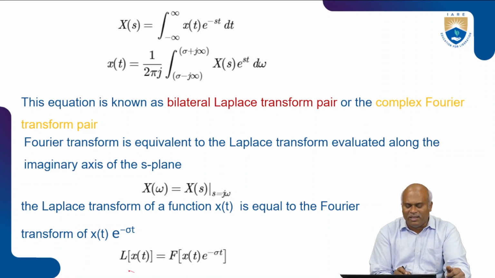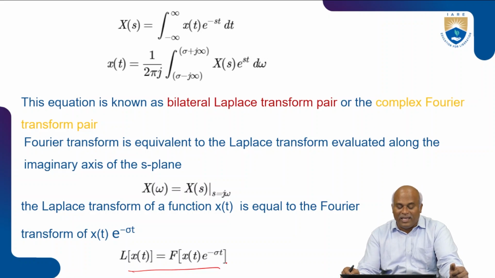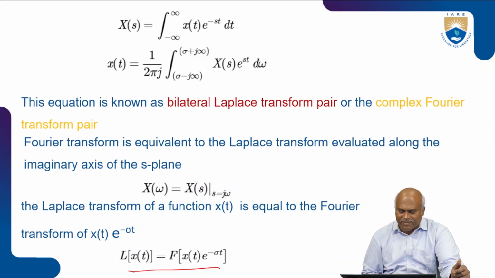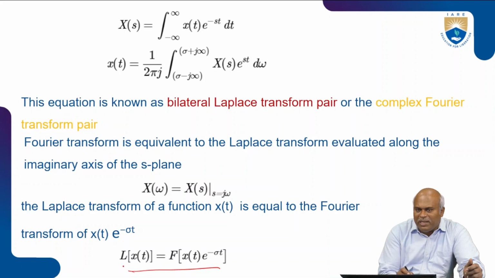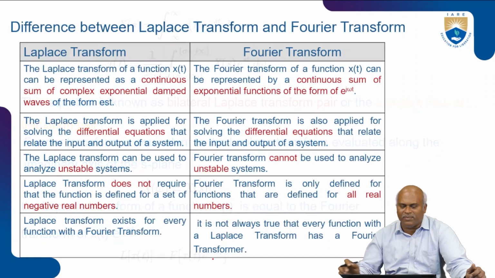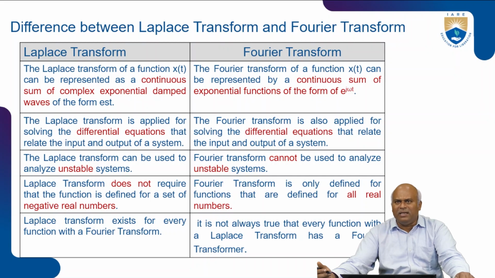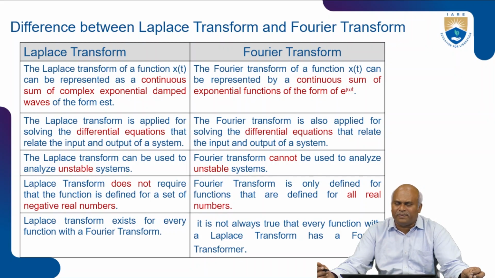Now I write the Laplace transform of x of t is equal to the Fourier transform of x of t e power minus sigma t, we wrote. Okay.